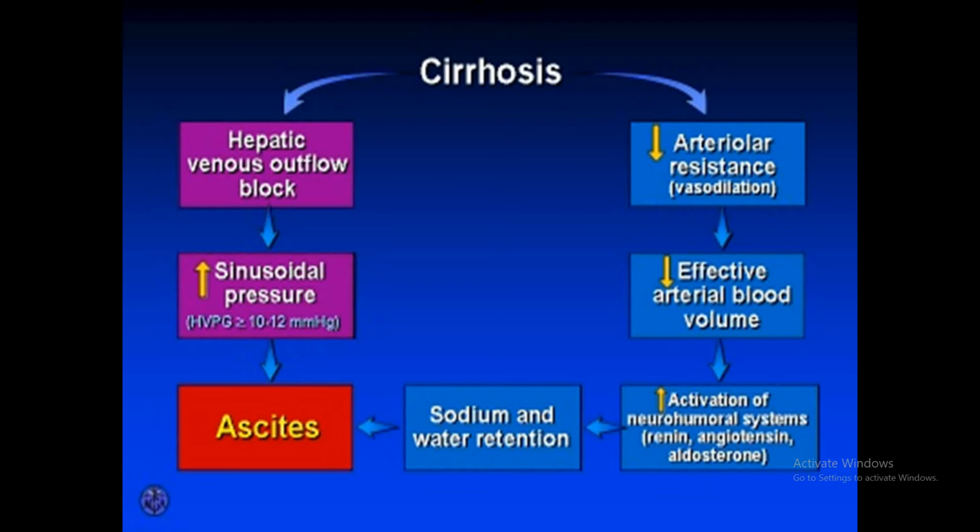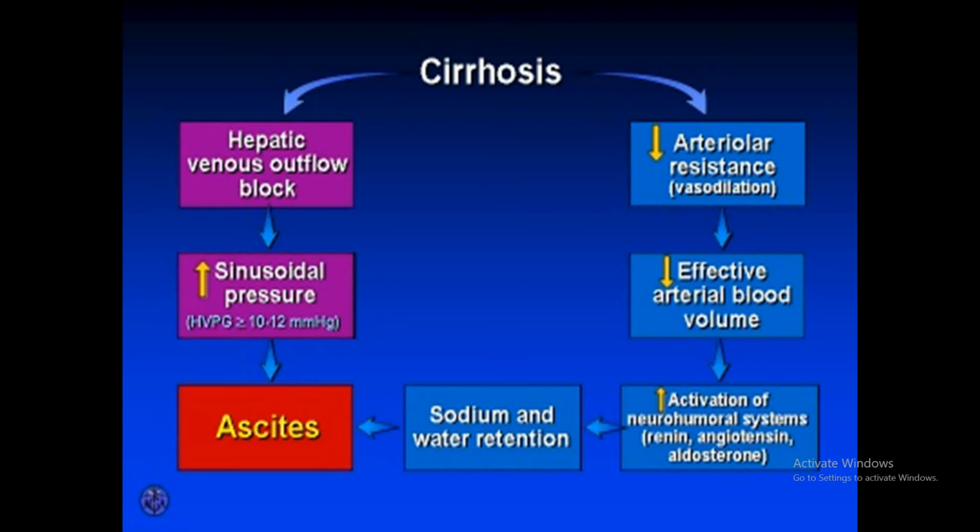Another condition which is important in cirrhosis is arterial resistance, which is reduced, vasodilatation, which will cause the reduced effective arterial blood volume, and it increases the activation of the neurohormonal systems, renin, angiotensin, aldosterone mechanisms, and it will act on the distal convoluted tubules, and there is sodium and the water retention.